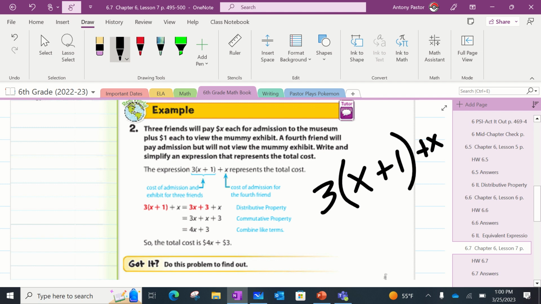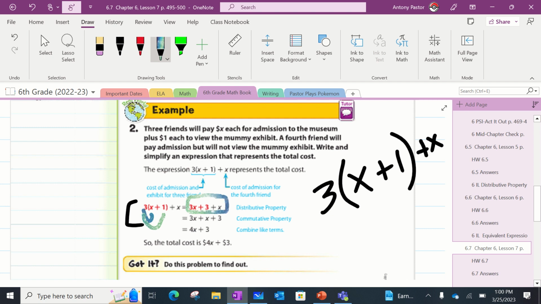So when we write it down like here, 3 outside of the parentheses, x plus 1, plus x, we'd use the distributive property as we've learned. So this will be 3 times x, which will be 3x, and then 3 times 1, which will be 3, which is what we have here: 3x plus 3 plus the x that we had left over.